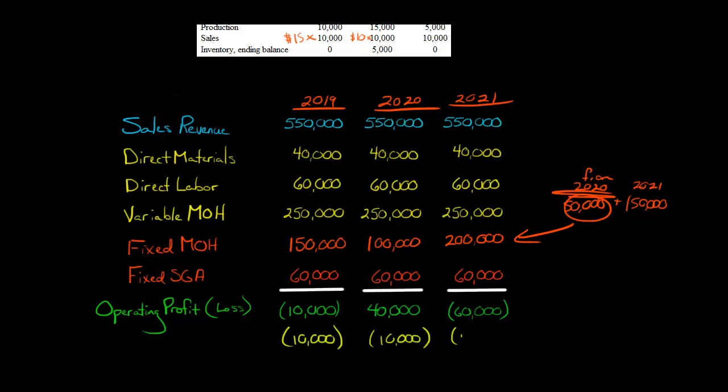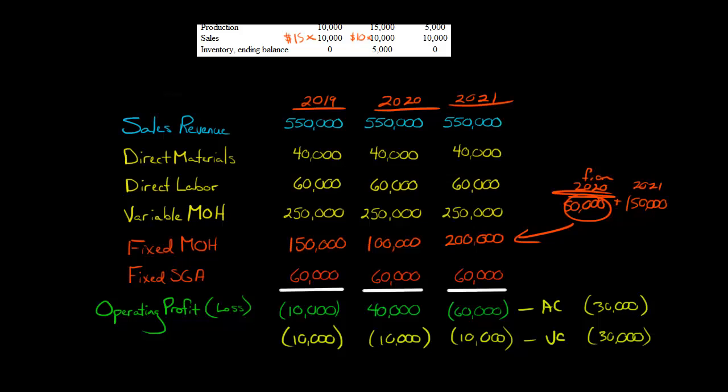And they all add up to the same. Under absorption costing, if you add these up, you end up with $30,000 of losses. And if you add these up under variable costing, you get $30,000 of losses.